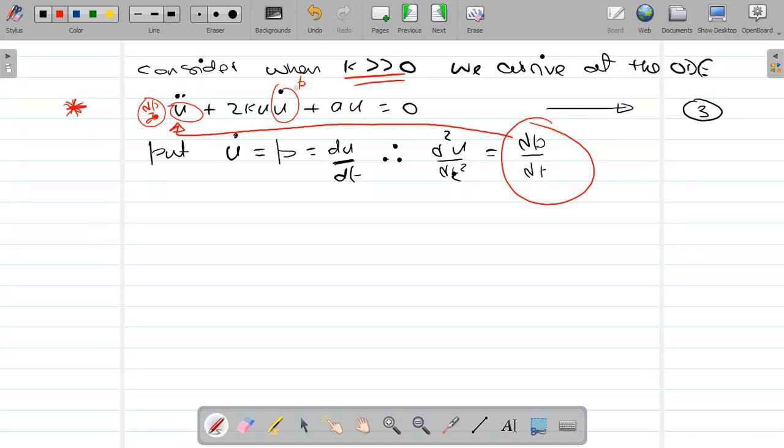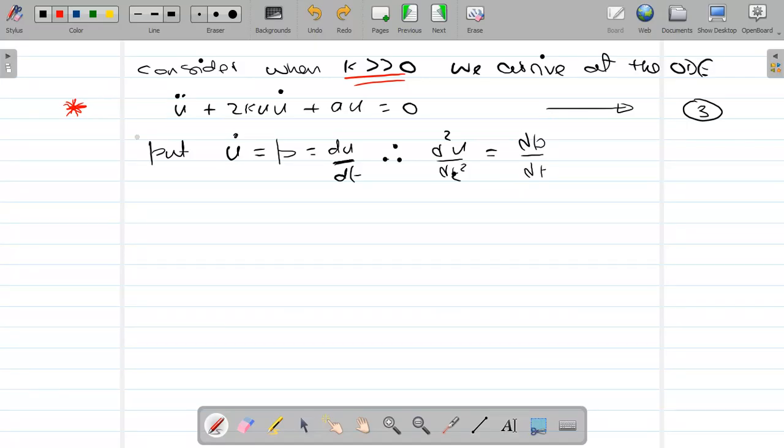So we'll have a u, a p, and a t. Now you can't have three variables in an ordinary differential equation. You can only have two. One of them has to be an independent variable, and one has to be the dependent variable. You cannot have another variable, because that is not an ordinary differential equation.